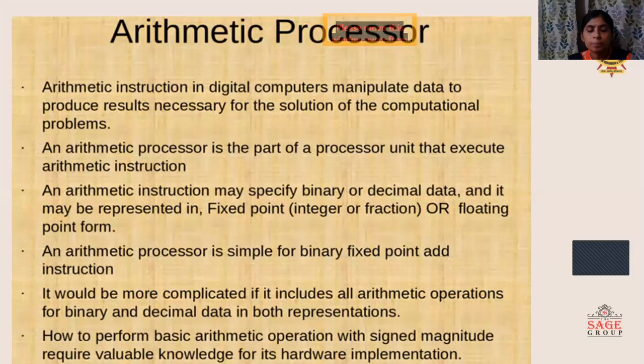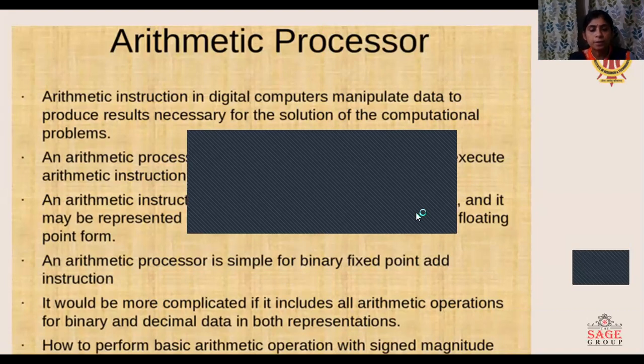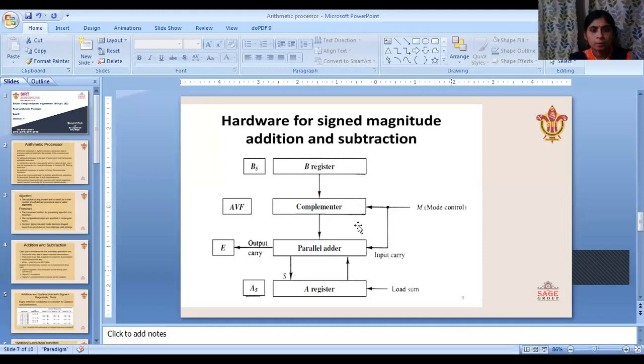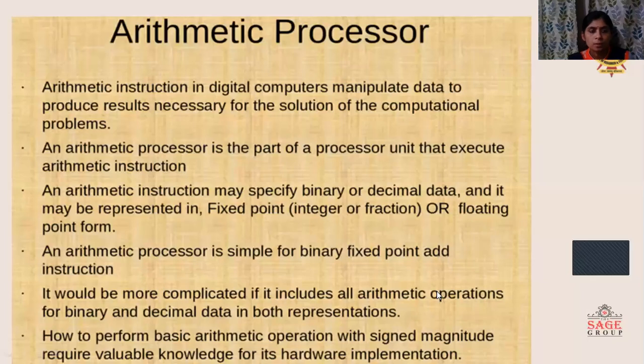It is simple for a binary fixed point add instruction, and it would be complicated if it includes all arithmetic operations for binary and decimal data in both representations. The four basic operations will be performed: addition, subtraction, multiplication, and division.